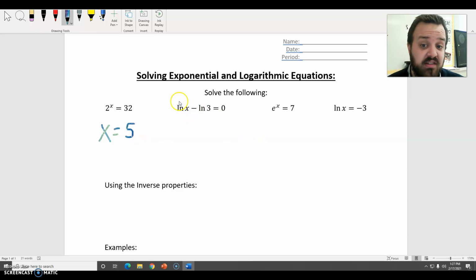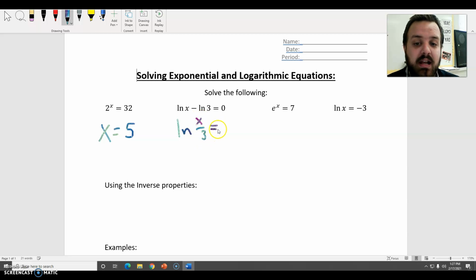We actually can solve this next one as well, the natural log of x minus the natural log of 3 equals 0. Now, you might be saying to yourself, Mr. Guy, I don't actually know how to solve that. But we can use our log properties to simplify this side, make it the natural log of x divided by 3 equals 0.